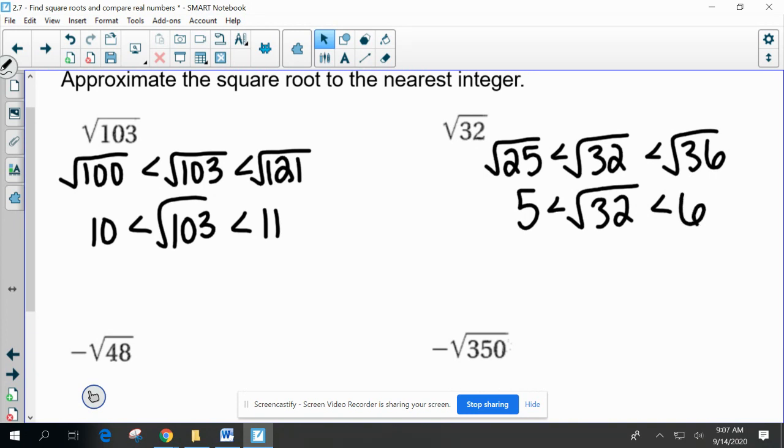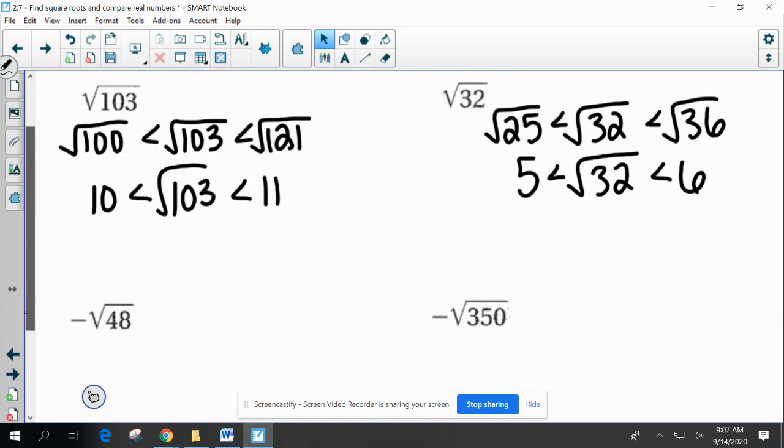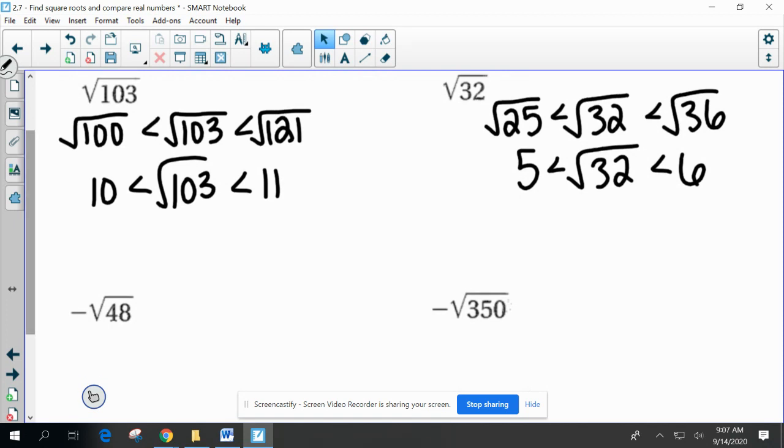Okay, for the negative problems, we're going to just do them like normal, but include a negative number in our integer. So where is 48? Between what? 6 and 7. Okay, so square root of 36 is less than square root of 48 is less than square root of 49.